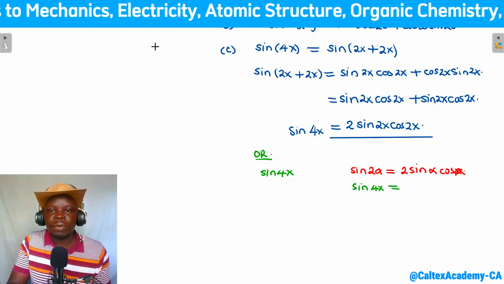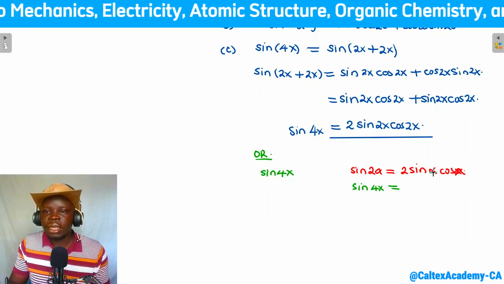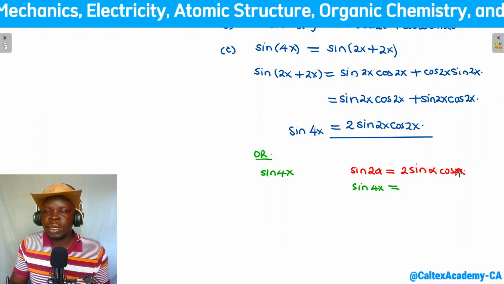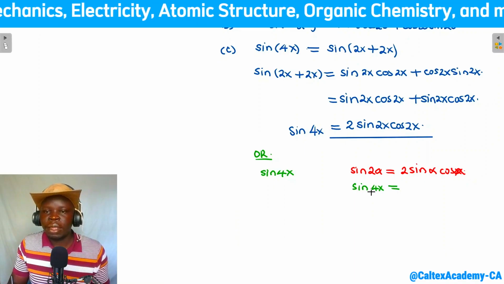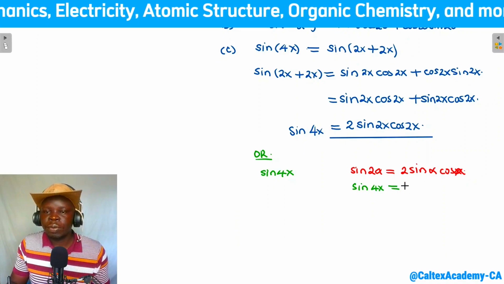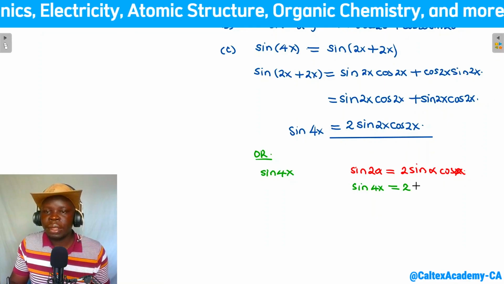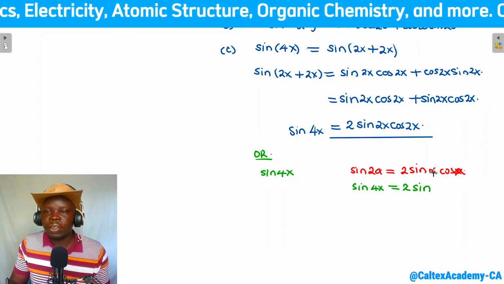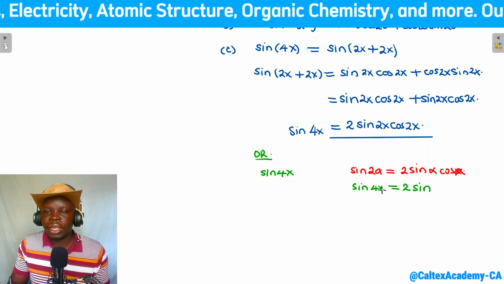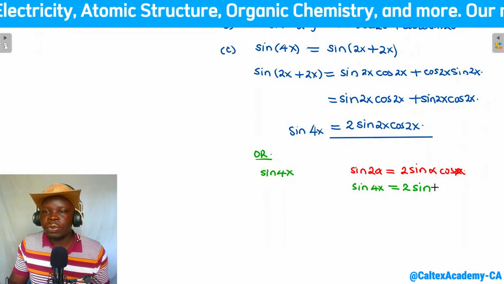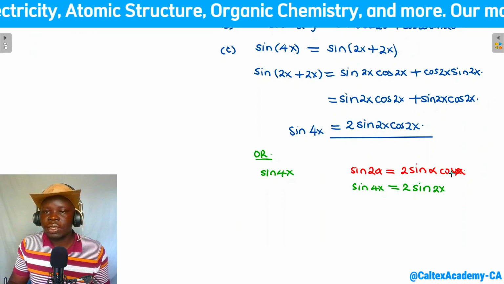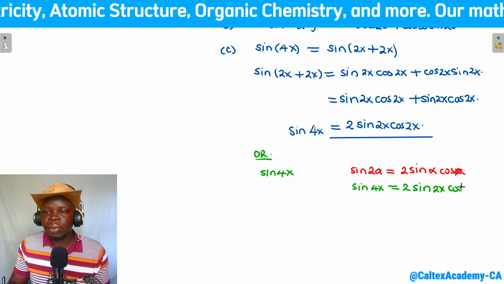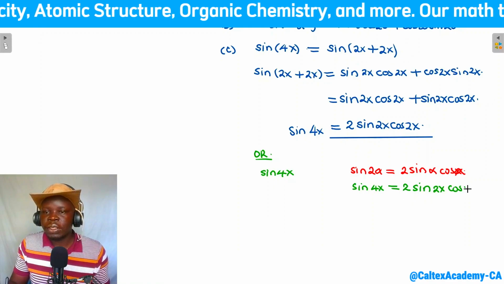So we take half of this angle here to appear in our split sine and cosine. So the same thing, the 2 from the formula will remain here, and we have sine of, instead of alpha, now this 4x will be divided by 2 to get 2x. So we have here 2x times cos of also 2x.